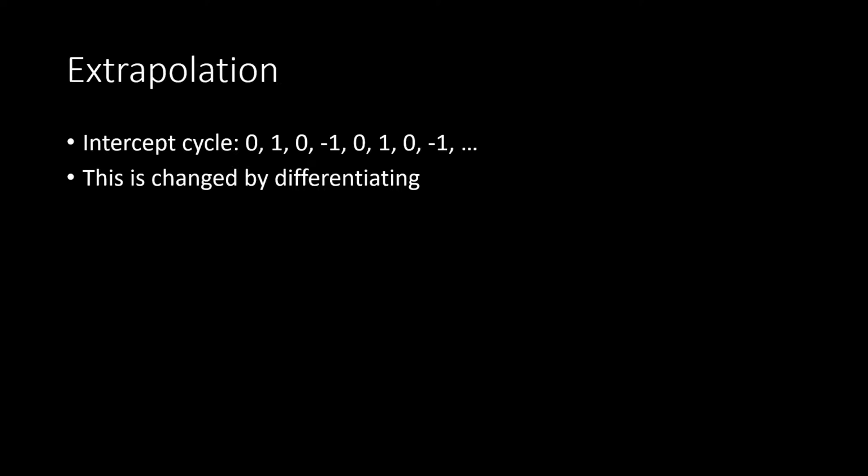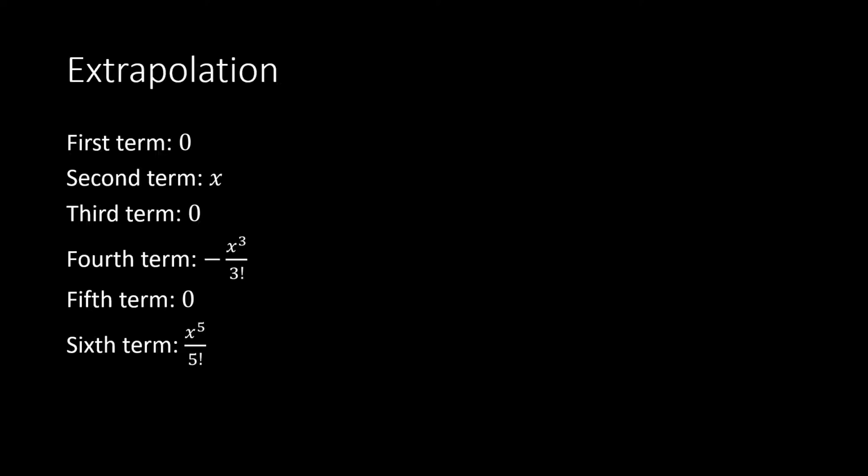So therefore, the constant of each term, the first term of the Taylor series, will have to be 0, because that's the intercept. The second term will have to be x, because for the cosine wave, once it's differentiated, x will become 1, so that gives the intercept of 1.